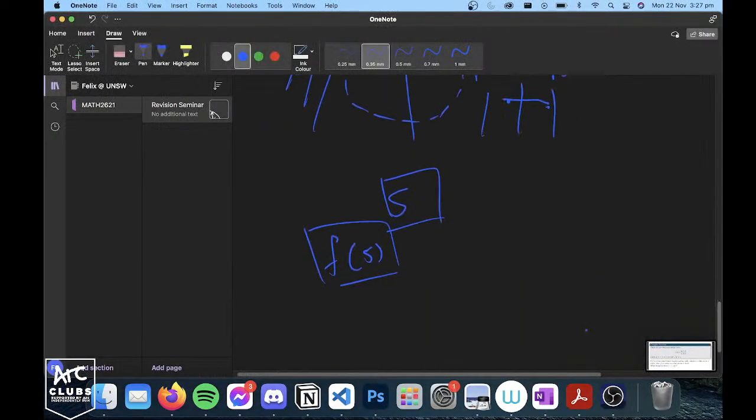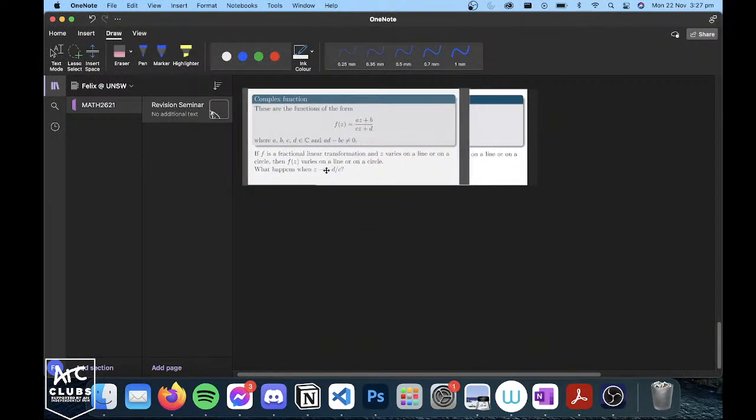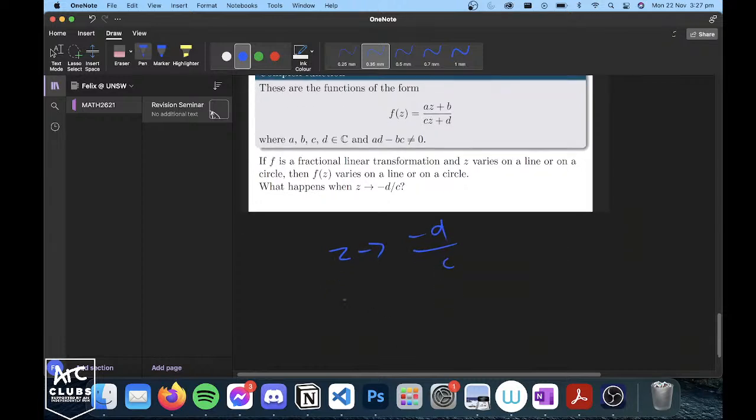So I will chuck this over here, just for reference. So if z approaches minus d on c, right, then the denominator, cz plus d, would approach 0. And if this were to approach 0, then f of z would approach infinity, right?